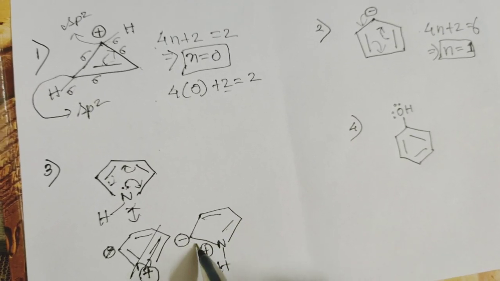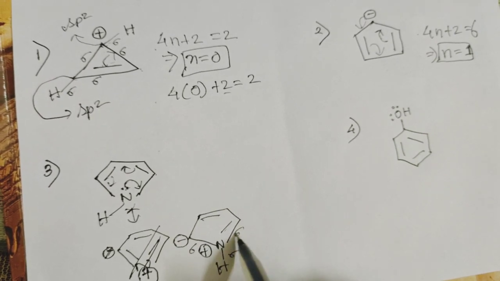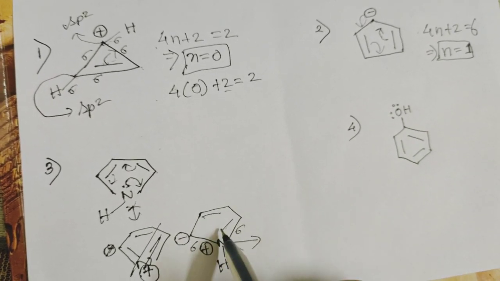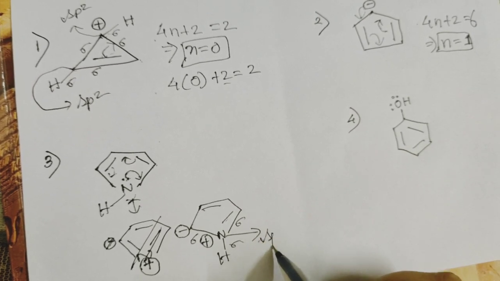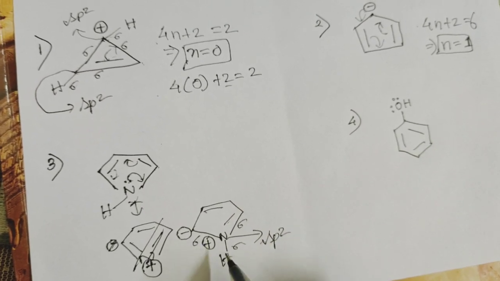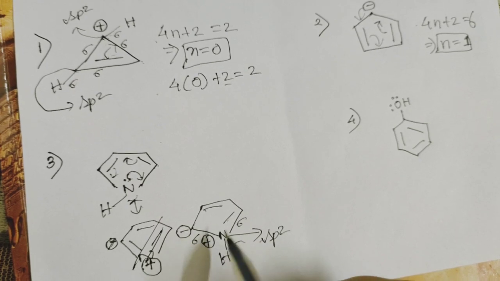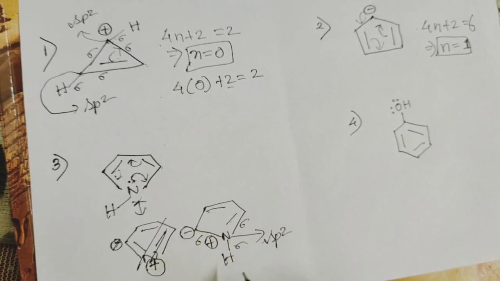Now see, there is 1 sigma bond, 2 sigma bonds, and 3 sigma bonds. This pi bond is not involved in hybridization, we don't include it. So this is an sp2 hybridized nitrogen. Why? There are 3 sigma bonds present.